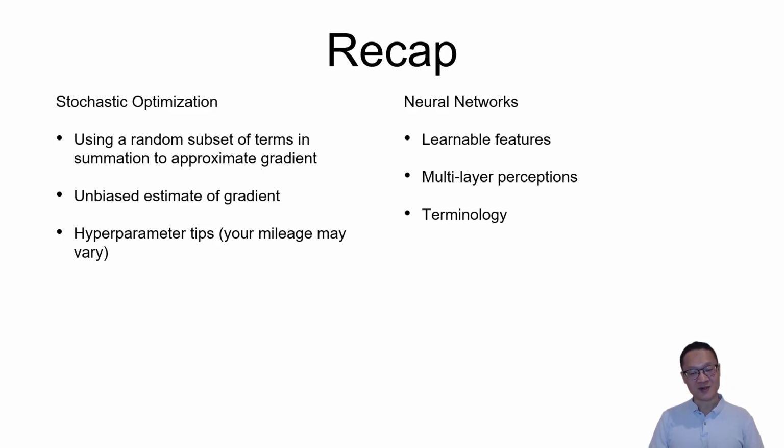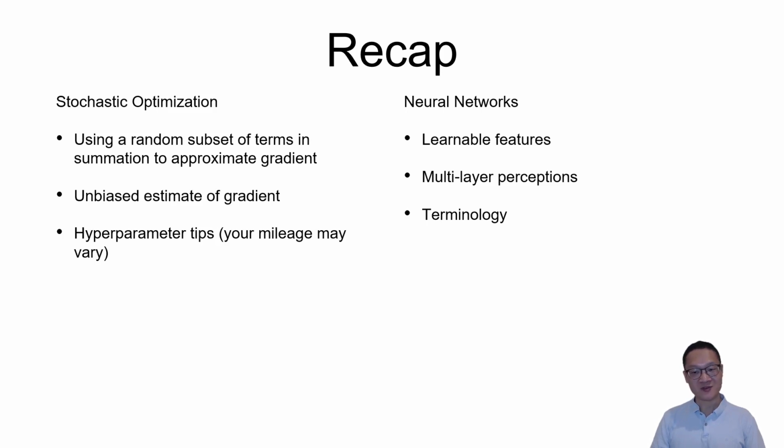And then for the second part of the last lecture, we started to talk about neural networks. We motivated neural networks by talking about learnable features. The idea was that we can always replace the input x with some feature. Previously, we replaced x with a fixed feature. With neural networks, we're going to replace that with a learnable feature.